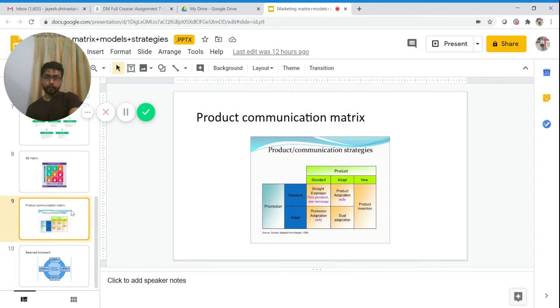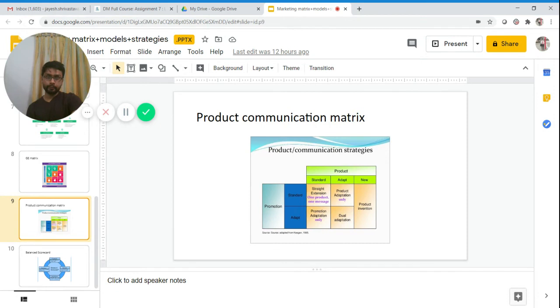Next, coming to the product communication matrix. So there are 5 points involved in this. This is basically a matrix for international marketing. So it tells us which strategy to use.